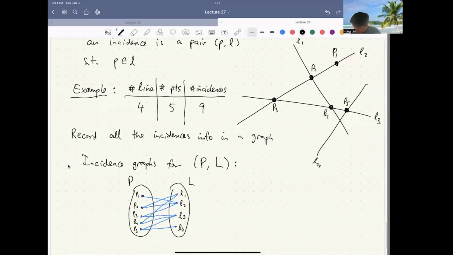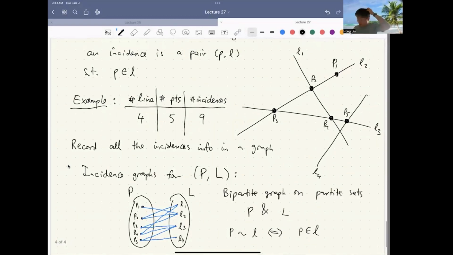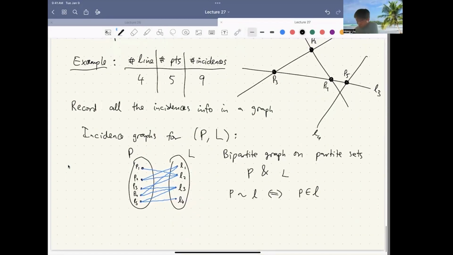So this is a bipartite graph on partite sets P and L, and P is adjacent to L in the graph if and only if you have an incidence. Notice the number of edges in this incidence graph is exactly the number of incidences.